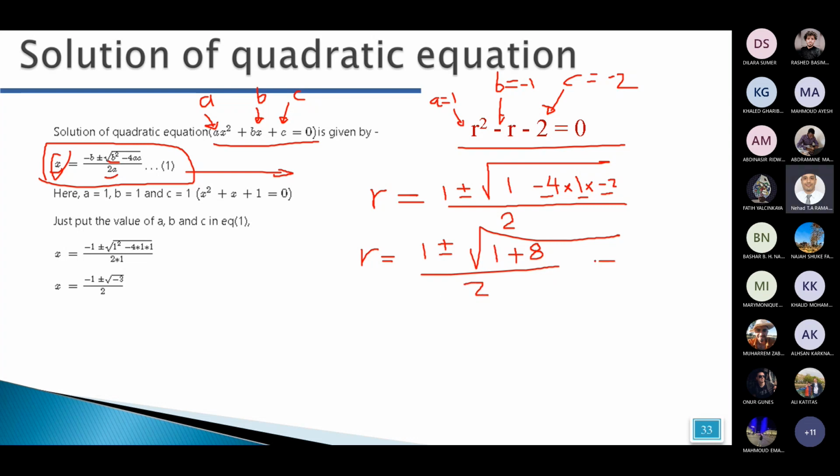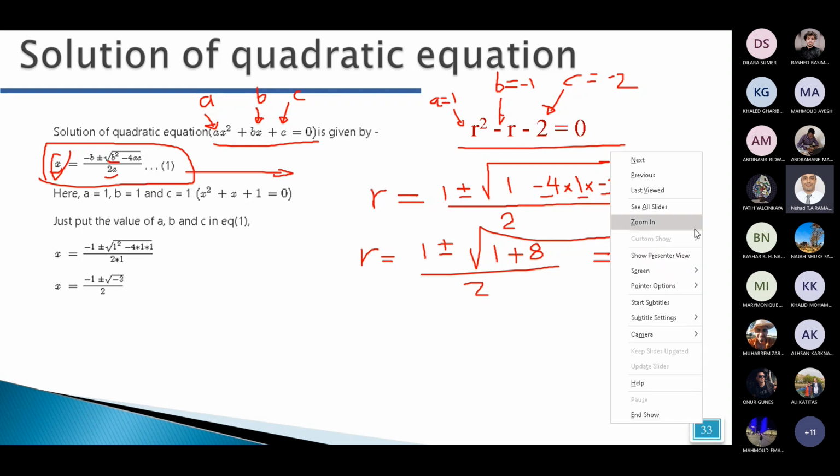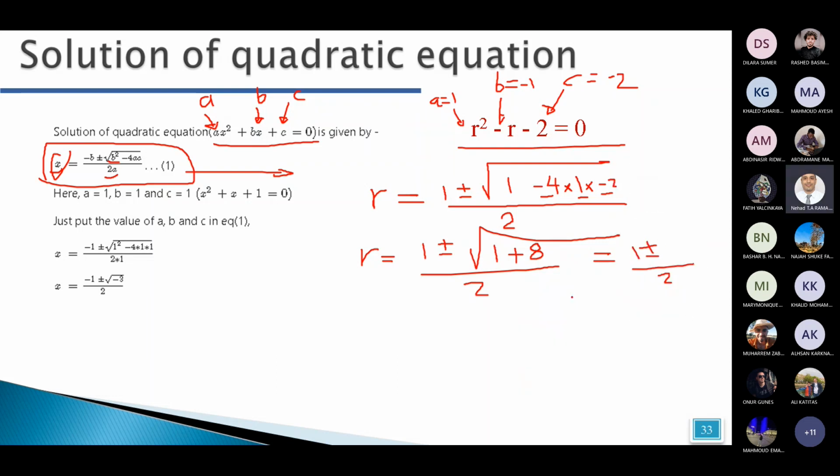So it equals 1 plus or minus root 9 divided by 2. Root 9 is actually 3, so plus or minus 3. So we have two solutions.